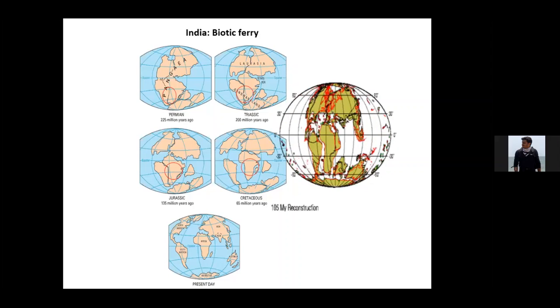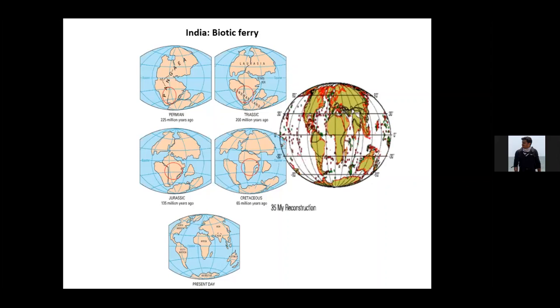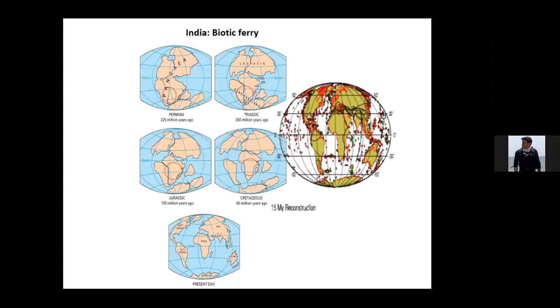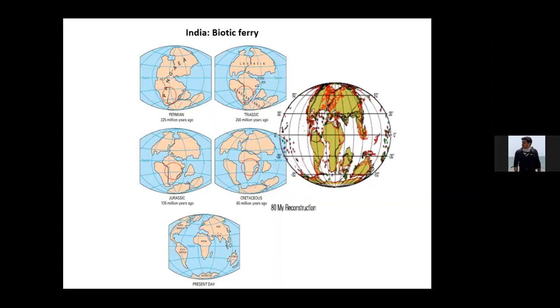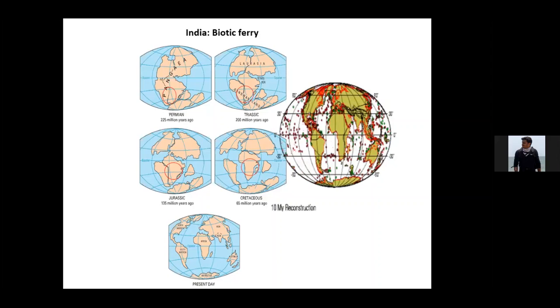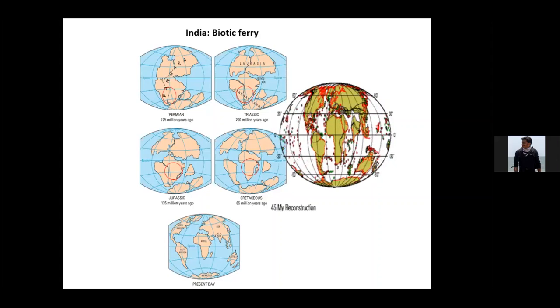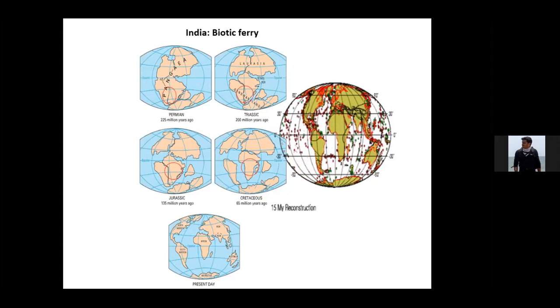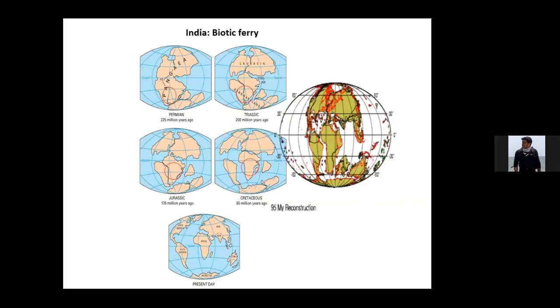This was called the continental drift theory. In 1912, Alfred Wegener, after seeing multiple flora and fauna, stated this theory, and he wrote a book called Origin of Continents and Oceans in 1915.